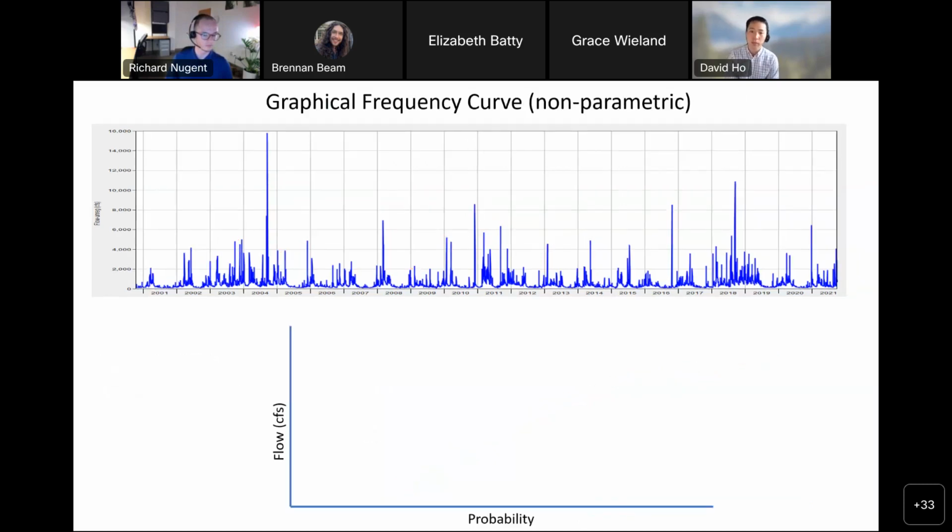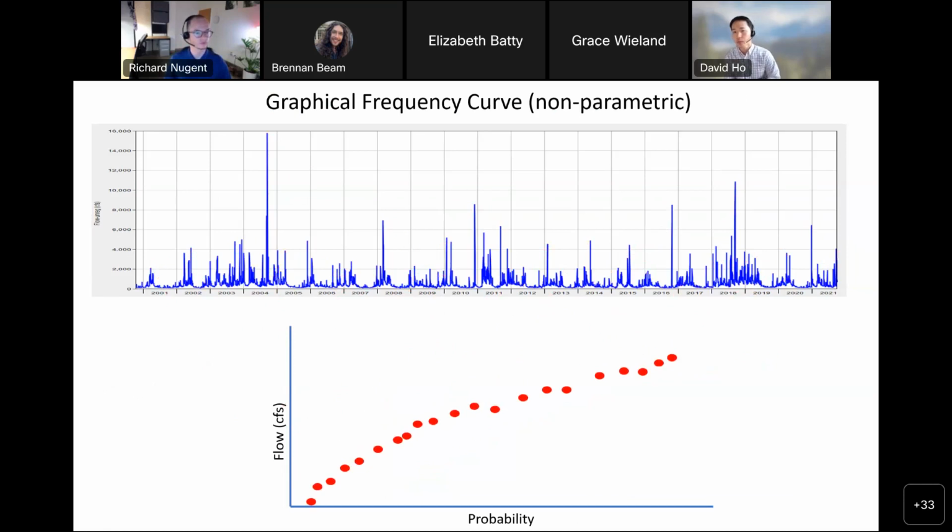So to create a graphical curve, we start in the same way where we need a flow gauge, and we are extracting the annual maximum values again. The difference here is instead of doing statistics on it, we're going to order those flow values, and then plot it on a graph.